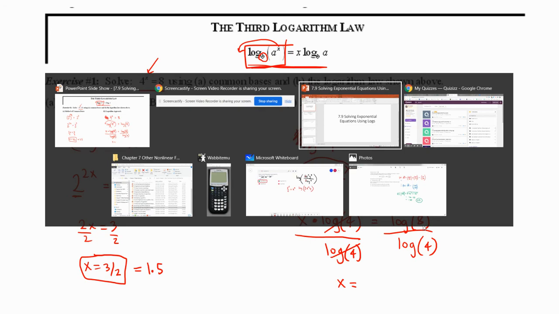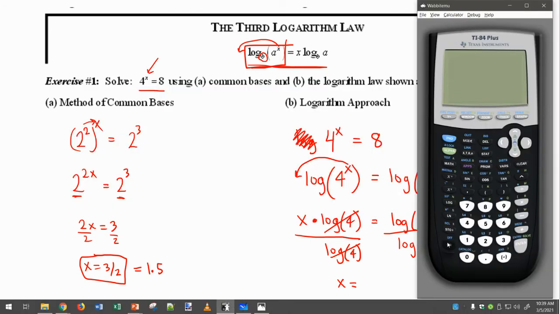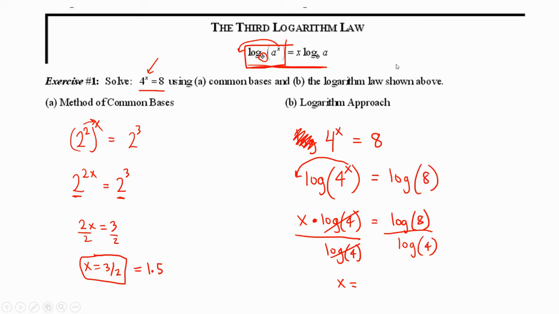Now I can go to my calculator, type in log 8 divided by log 4, and see that it's exactly 1.5, just like what we got before. Pretty amazing. This will help us solve much harder equations where we can't come up with the same base.